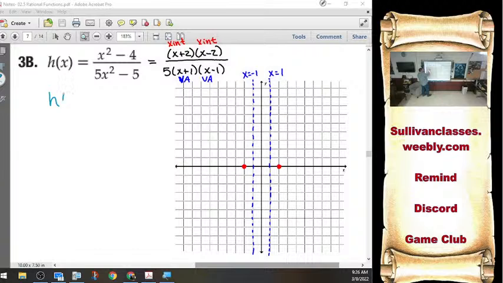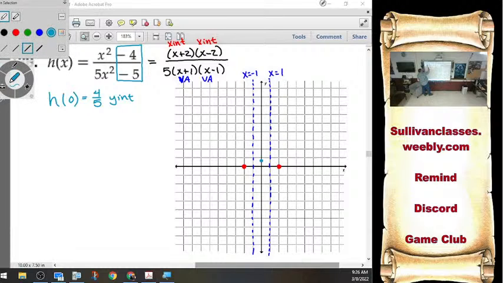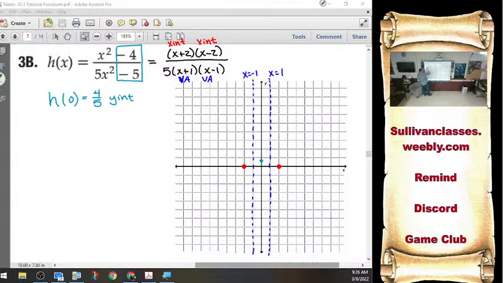If I do h of 0, it's just 4/5 for my y-intercept. And because my degrees are the same, I'm going to put a little 1 here and say my horizontal asymptote is y equals 1/5.